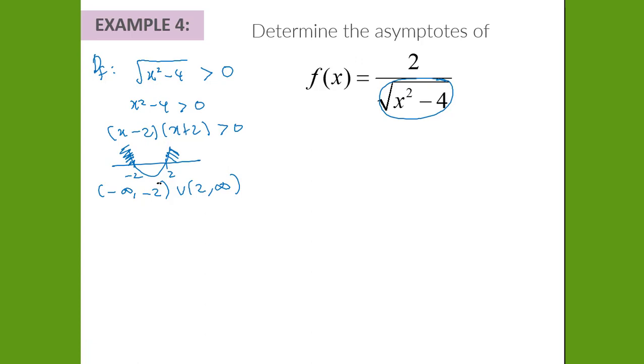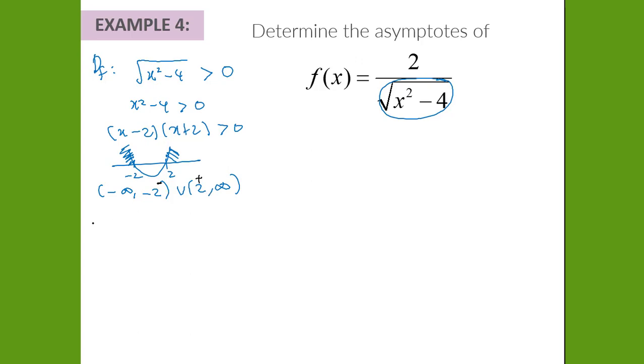The next step, you need to find the limits at negative 2 from the left and 2 from the right. This one is for the vertical asymptote. Negative infinity and infinity are to check whether there is a horizontal asymptote or not.